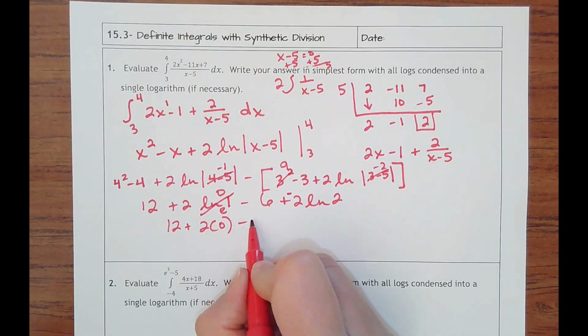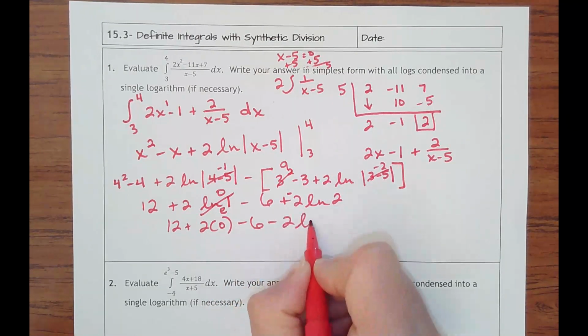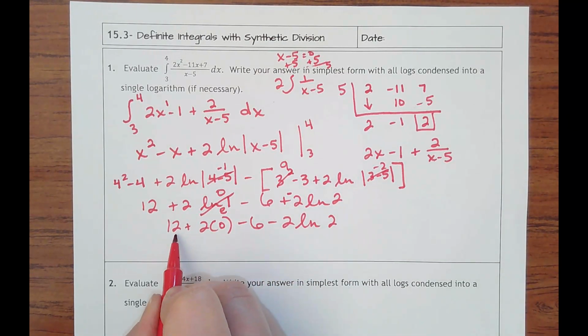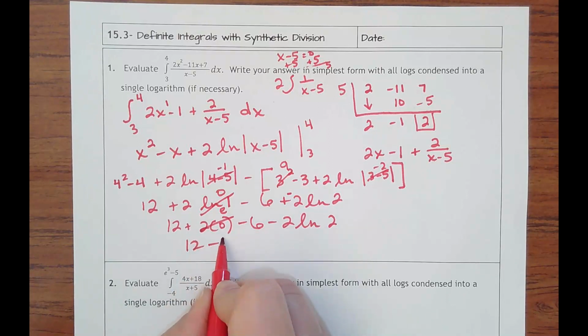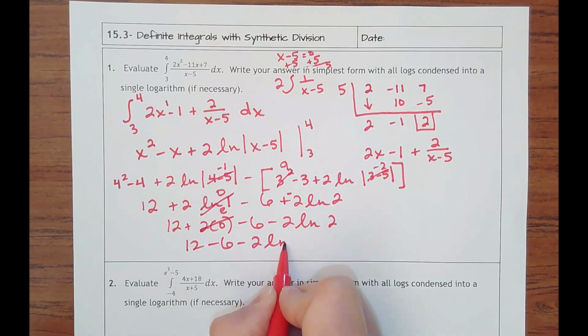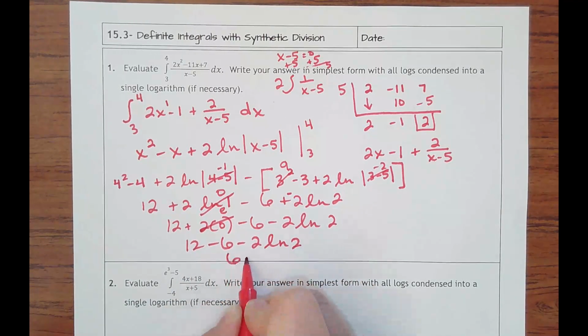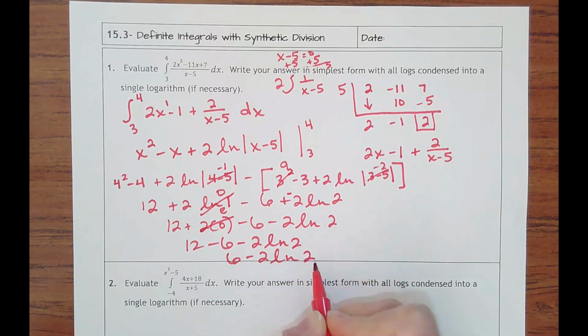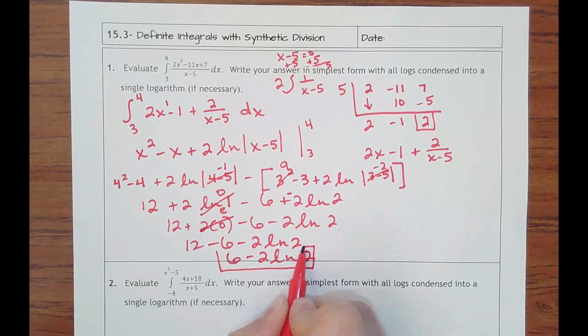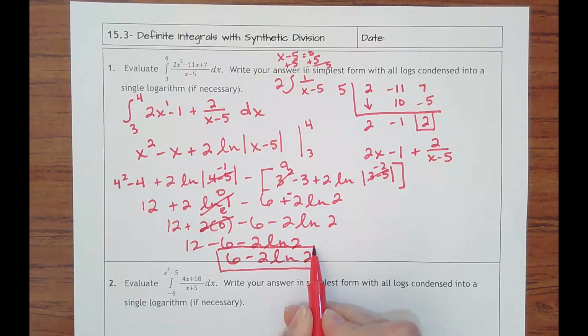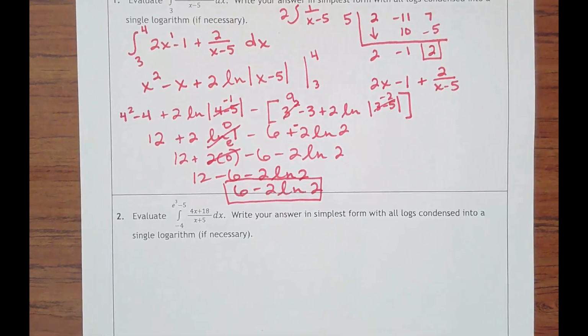And then I've got minus 6 minus 2 natural log of 2. So really I have 12, that goes away. 12 minus 6 minus 2 natural log of 2. 12 minus 6 is 6. It just wants it into a single log, and it is. You could take the 2, make it a power, and say this is just minus natural log of 4, but you don't need to. Okay, let's try one more.